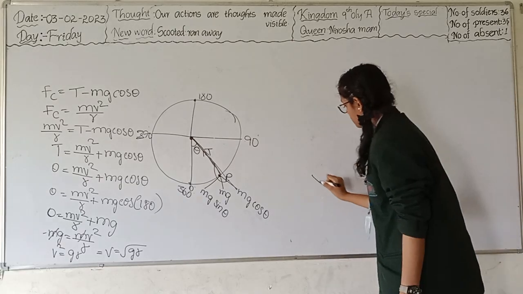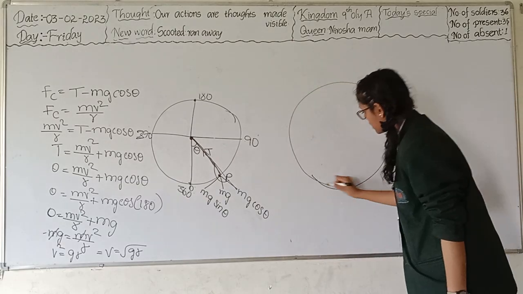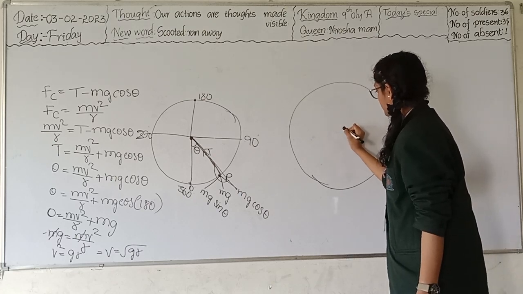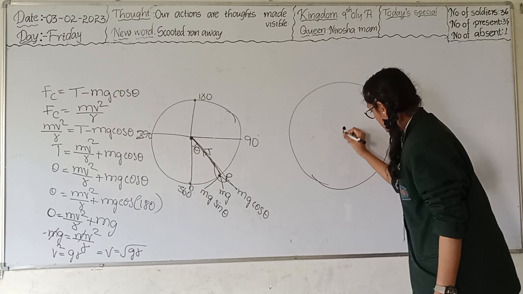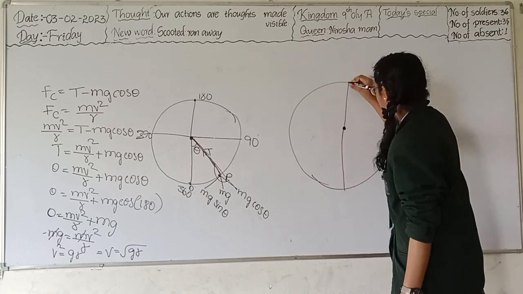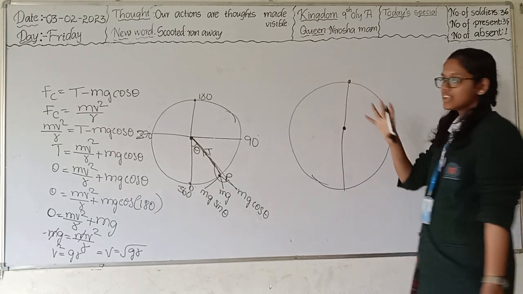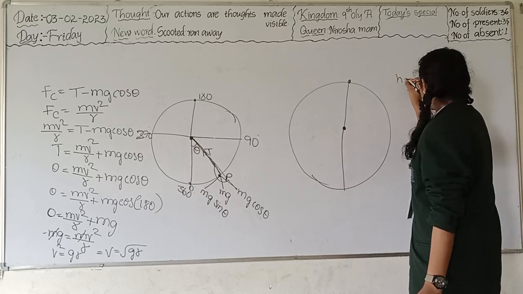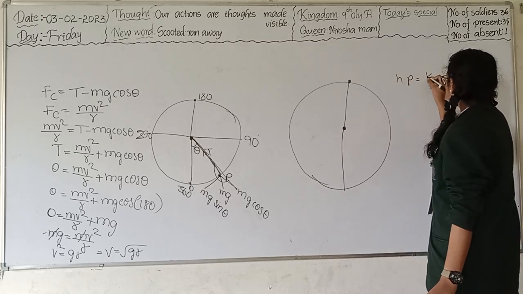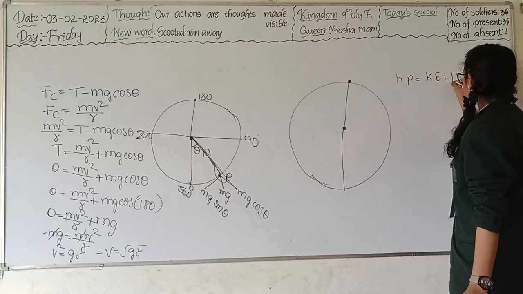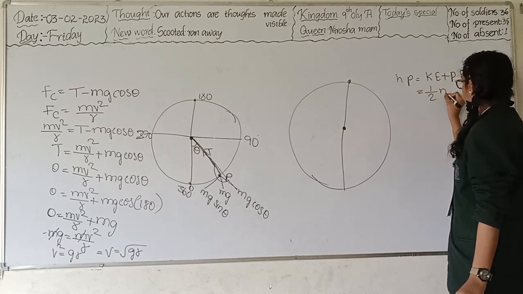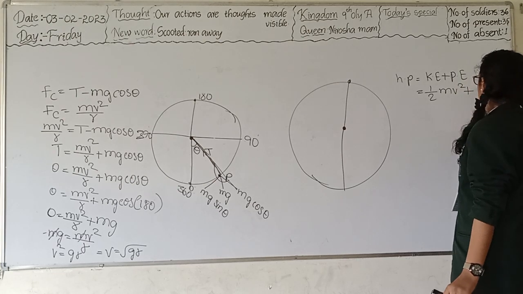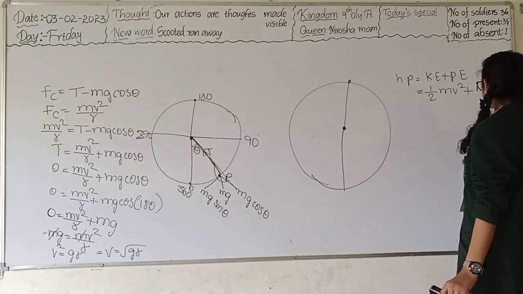For example, I took a pendulum, and this is the center which is the axis. If I rotate this from this point to this point, at the highest point the complete energy, kinetic energy plus potential energy, is equal to half mv square plus mgh.